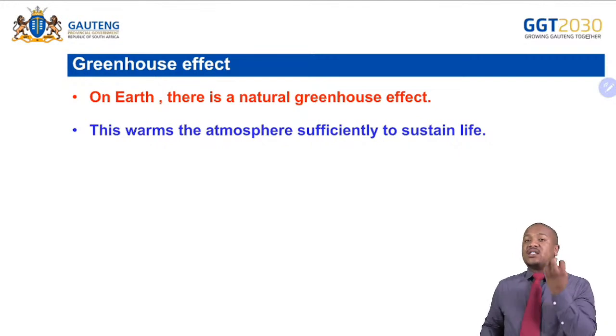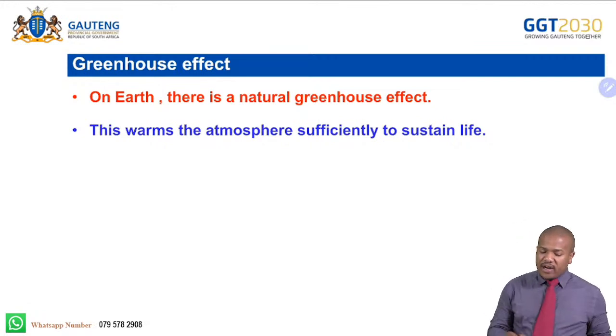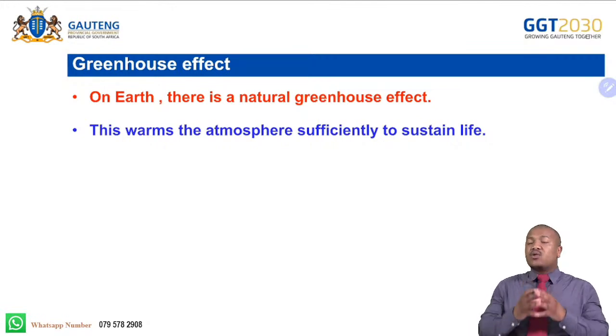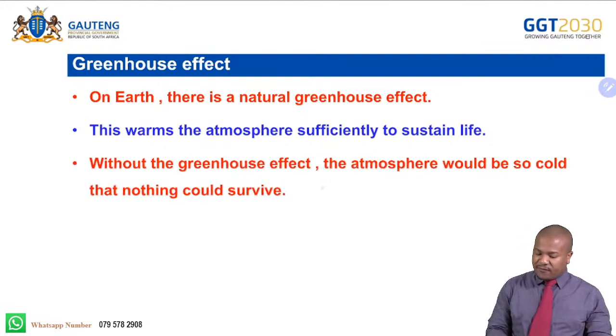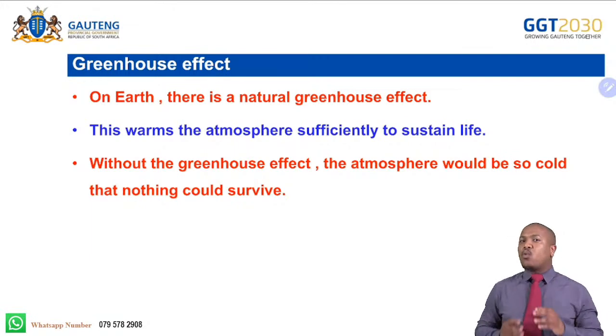That ozone layer is also there to protect us from extreme temperatures. So on Earth, this natural greenhouse effect helps to warm the atmosphere sufficiently for us to be able to sustain life. Without this greenhouse effect, the atmosphere would be so cold that nothing could survive. By nothing, I mean all plants and animals wouldn't survive. So it is important because it sustains life by providing necessary heat.